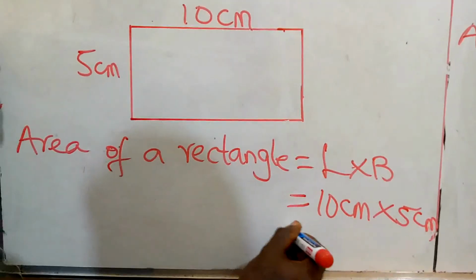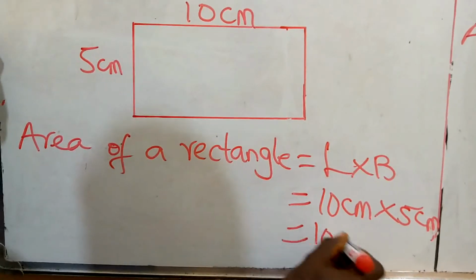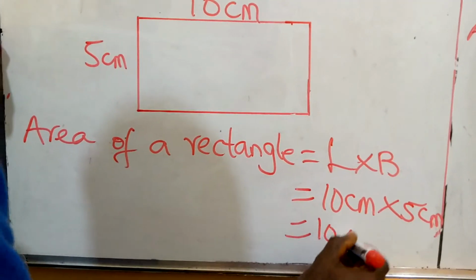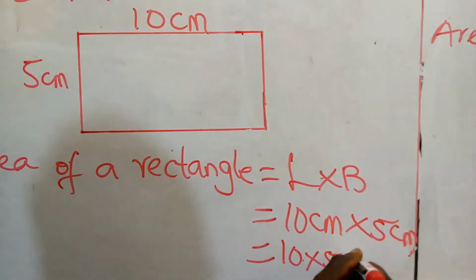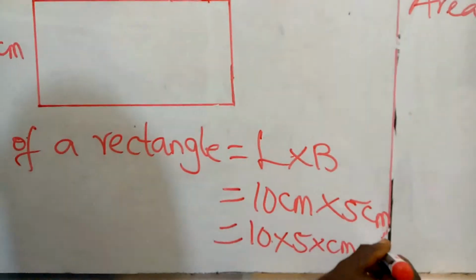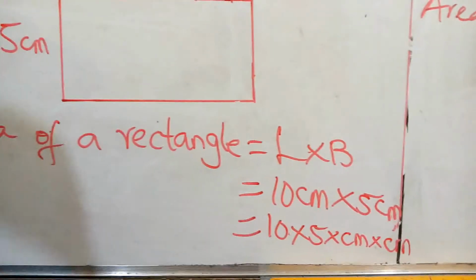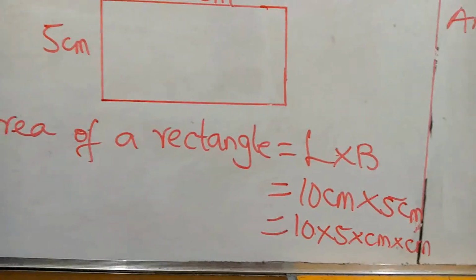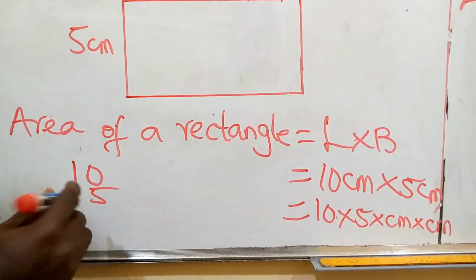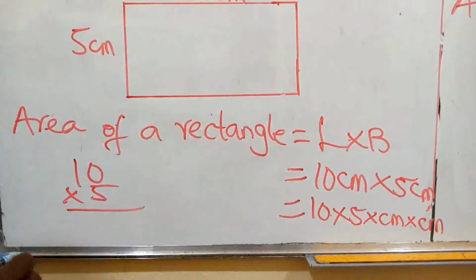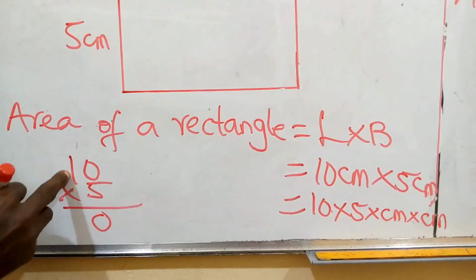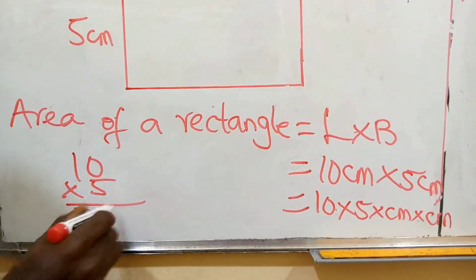So now, bringing the numbers together, we have 10 times 5 times cm times cm. So now 10 times 5, using our rough work, 5 times 0 is 0. And 5 times 1 is 5.